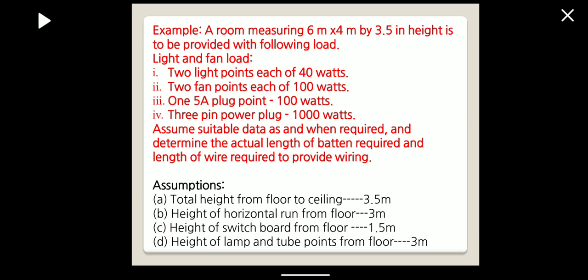The height of the switchboard is 1.5 meter from the ground level or floor. The height of the lamp and tube point from the floor is 3 meter. These are the most important assumptions you should take in each and every numerical.